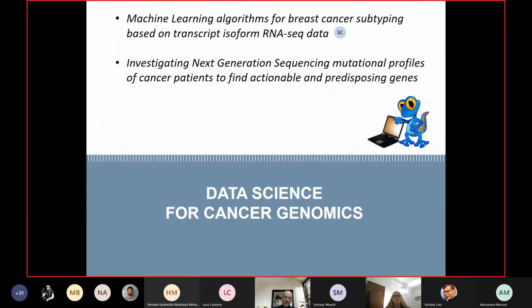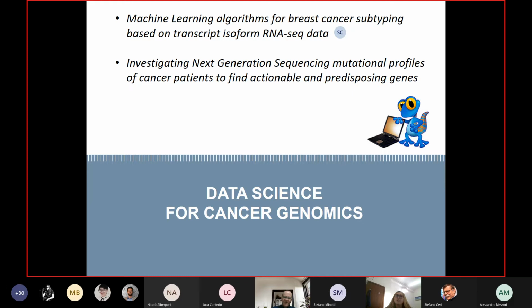While the second one is related to a new project that will be focused on analyzing mutational data of cancer patients, with the aim of finding actionable genes, that are those genes that could be potential therapeutic targets, and predisposing genes, that are those genes that are related to the genetic risk of having cancer. So that should be screened carefully, mainly in those cases of people with a family history of cancer.